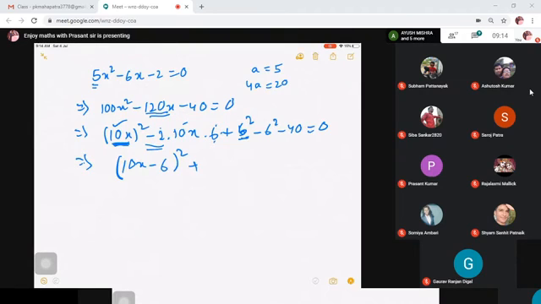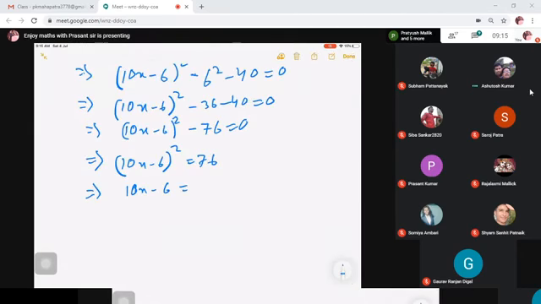What is the square root of 76? Who can tell? Try it. What is the square root of 76? Plus or minus 2 root 19. Very good.